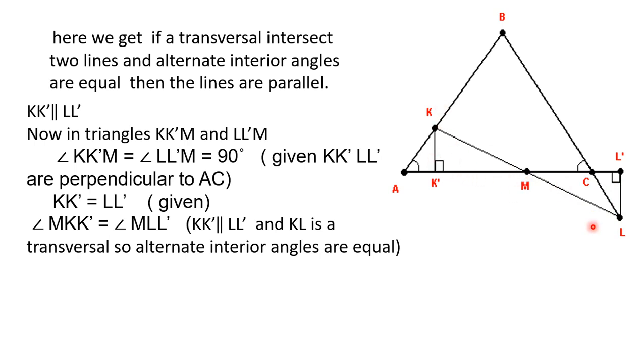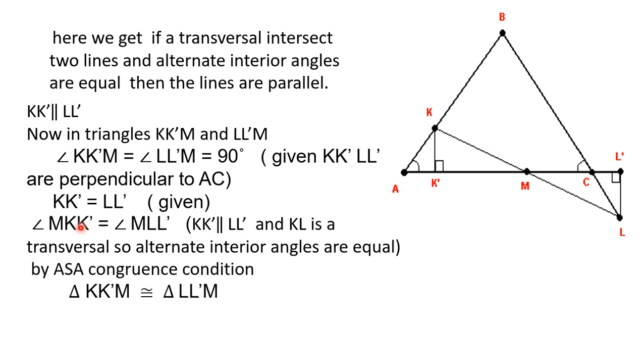Because KK' and LL', these two lines are parallel and KL is a transversal. So here the angles at K and L are the alternate interior angles that are equal. So we are getting here angle, side, angle. So we can say by the ASA congruence condition, these two triangles are congruent. That is, triangle KK'M is congruent to triangle LL'M, and hence it's proved.